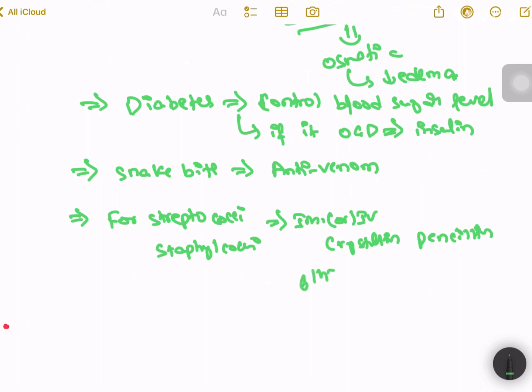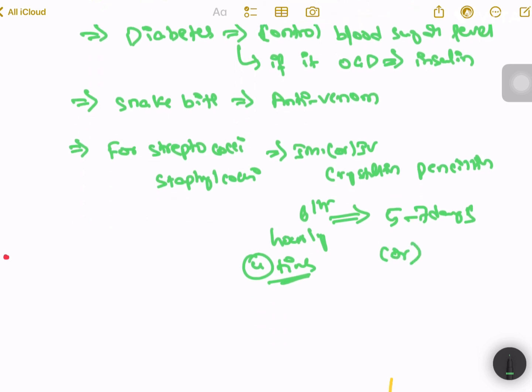Every sixth hourly, that means four times per day for 5 to 7 days. If not, we can treat them with cephalosporins.